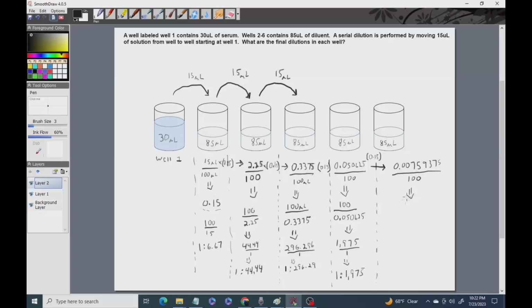And we can again rearrange this, 0.00759375, and we divide that 100 by that fraction. That gives us 13,168 over 1, or we would have a 1 to 13,168 dilution.